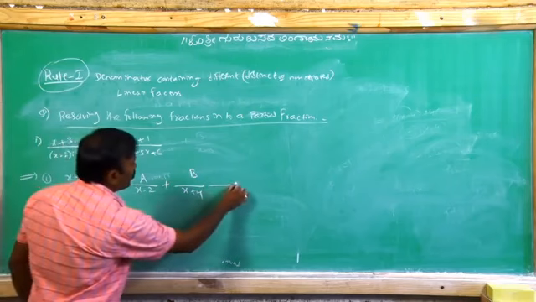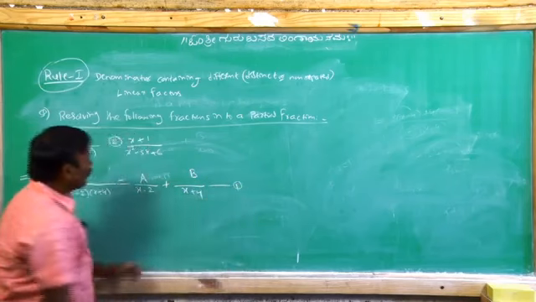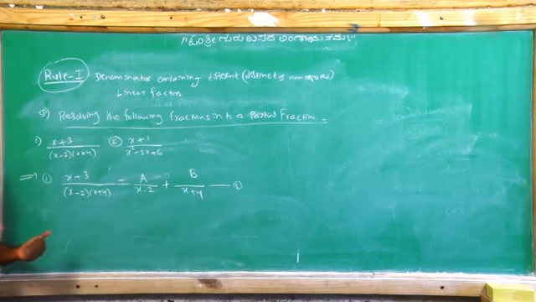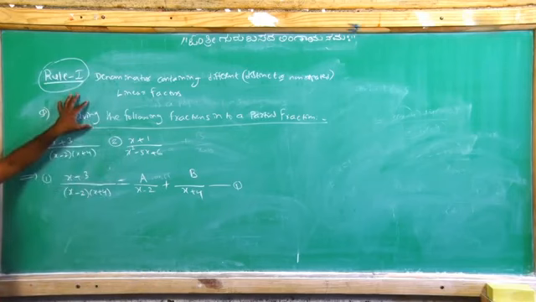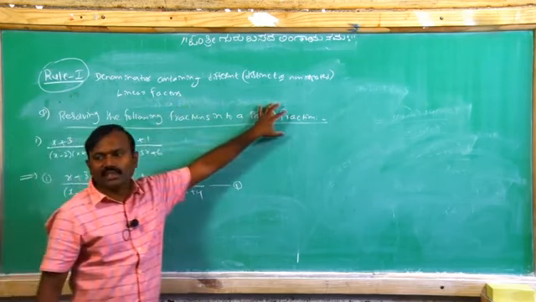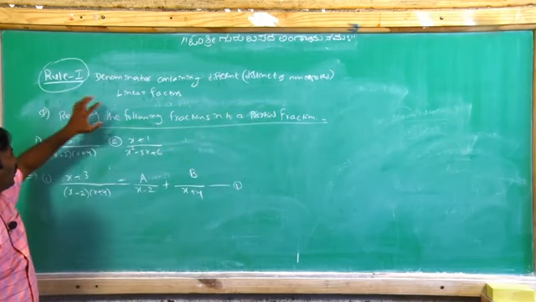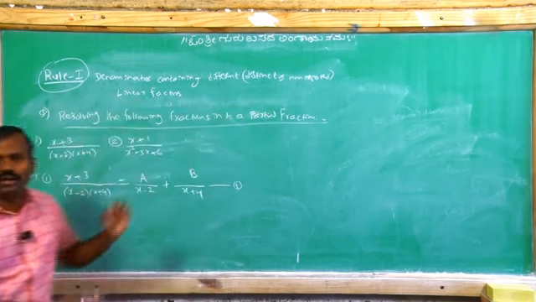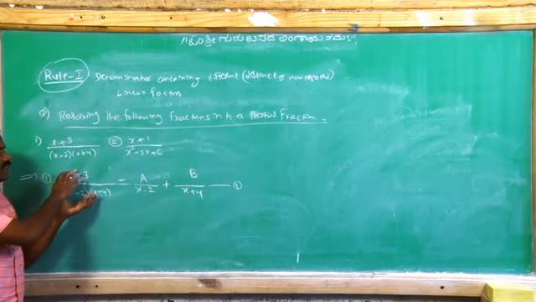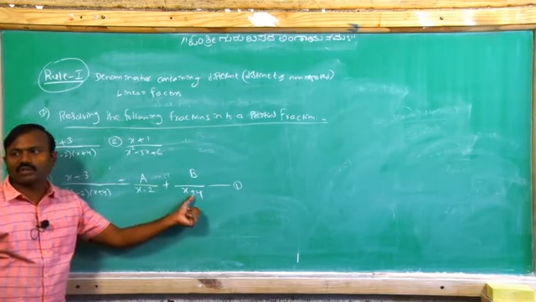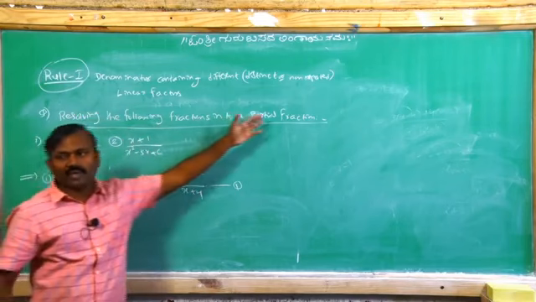Put this as equation number 1, where a and b are constants to be determined. What is the definition of resolving a fraction into partial fractions? When we express a single proper fraction as a sum of 2 or more proper fractions, it is called resolving into partial fractions.